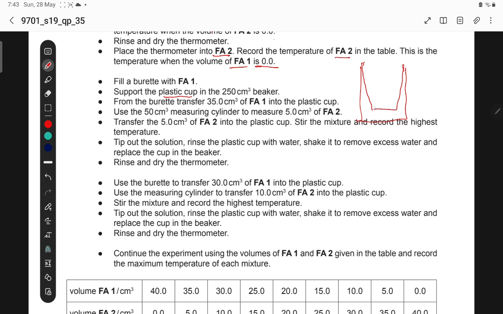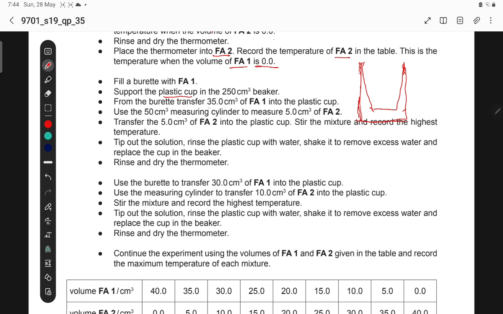This is the cup, and we use this to minimize the heat loss. Why do we place the cup in the 250 centimeter cube beaker? To minimize the heat loss. In this way, support the plastic cup in the 250 centimeter cube beaker.